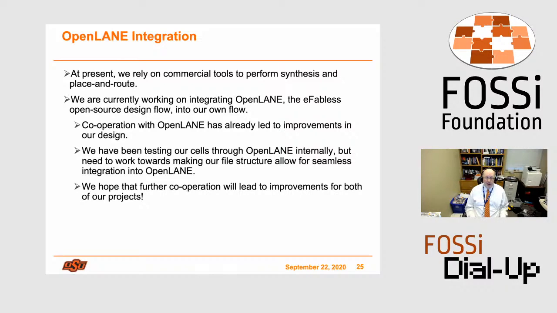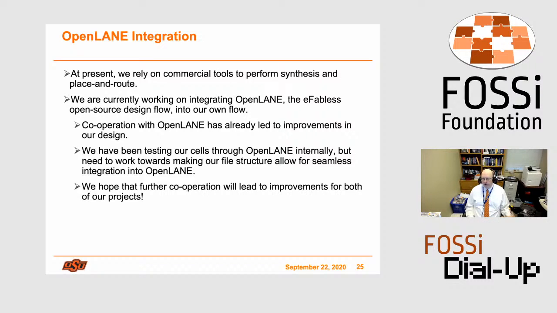So we rely on some commercial tools to help do some synthesis and place and route, but we're also really, really, I would say, enthusiastic about integrating OpenLANE. OpenLANE is the eFabless open source design flow. The cooperation with OpenLANE has been really leading to improvements in their design, and we provide all the scripts, hopefully, for the OpenLANE integration.